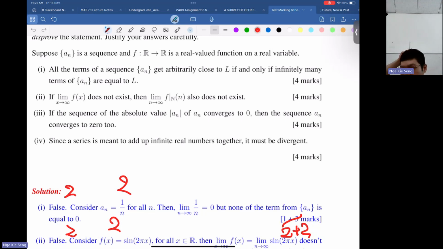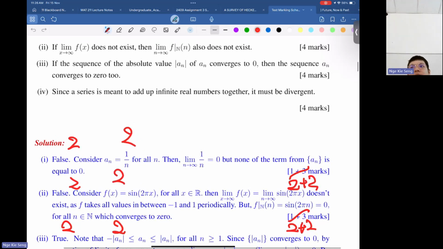Okay. How about 2? If the limit of the function does not exist, then if you restrict to the natural number points, the limit also does not exist. Actually, this was a question asked in class last time, with the example sin 2x. This function varies between -1 and 1 periodically, so if you take the limit as x goes to infinity, it doesn't converge.